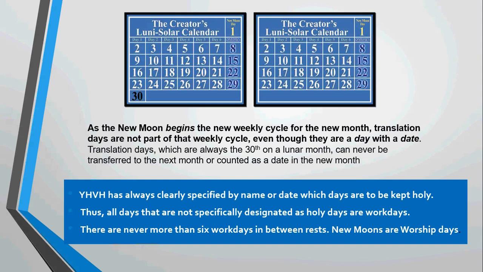Yahweh has always clearly specified by name or date which days are to be kept holy. Thus, all days that are not specifically designated as holy days are work days, and there are never more than 6 work days in between rest. And we know that new moon days are worship days. It says that in Ezekiel 46:1-3.